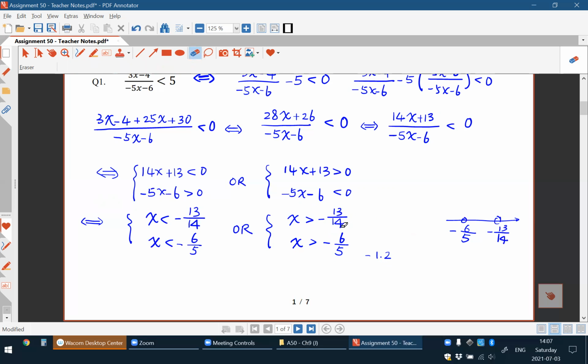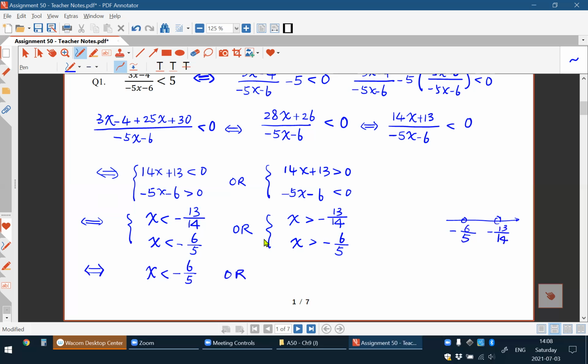Okay, now we can check that we can combine the two solutions. Okay, first solution, x is smaller than two numbers. The final result is x should be smaller than the smaller number, right? As we have discussed, minus 6 over 5 is smaller. So the first solution is x should be smaller than minus 6 over 5.